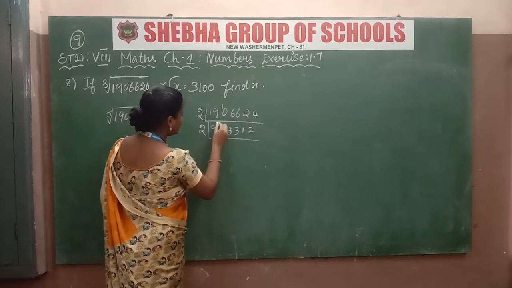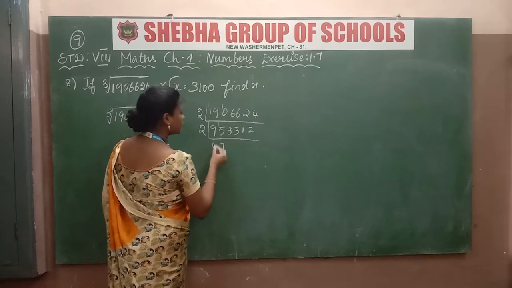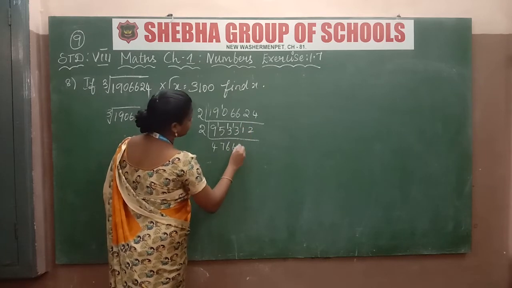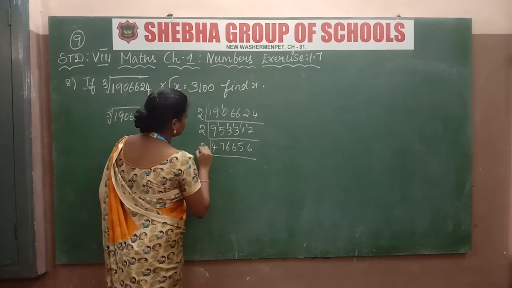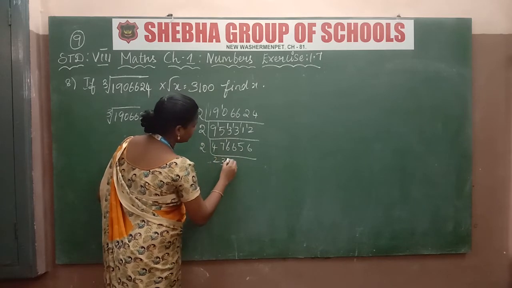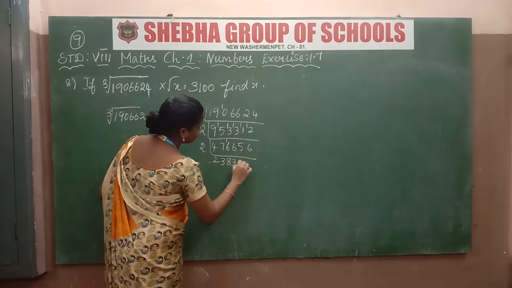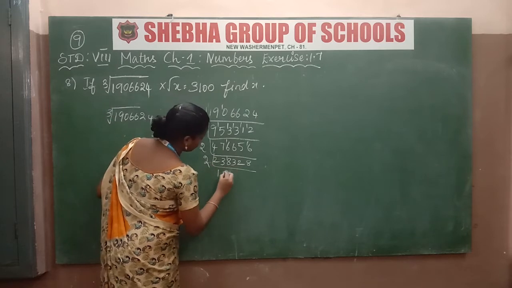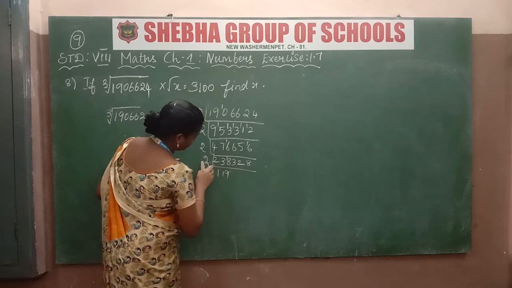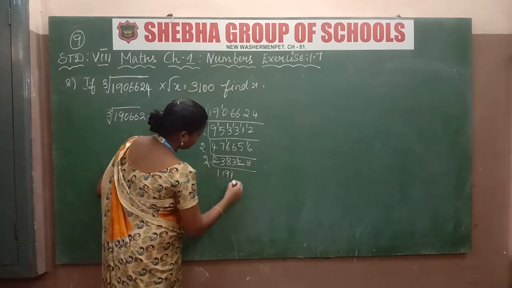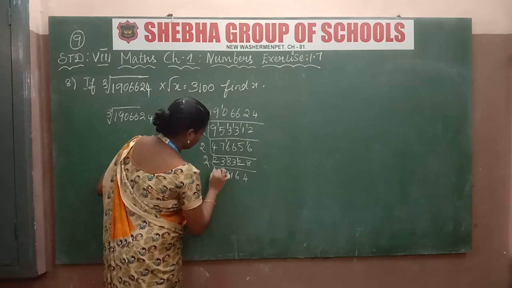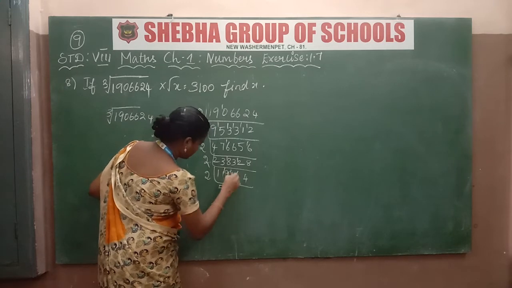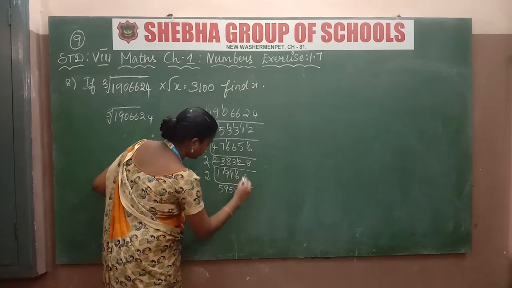Then again 2 tables, 2 7s are 14, balance 1, 2 6s are 12, balance 1, 2 5s are 10, balance 1, 2 8s are 16, 2 2s are 4.